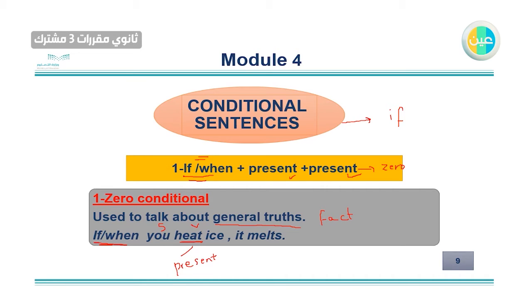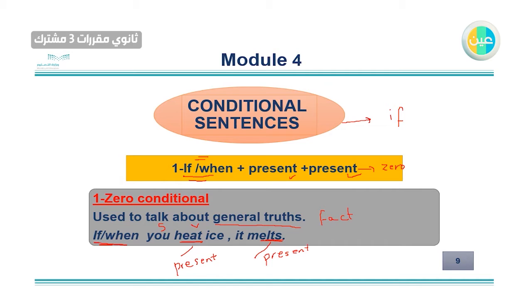So also present. So in the if clause present, in the result clause present. Why? Because this is a fact. This is a general truth. If you heat ice, it melts. So here, if present, zero.